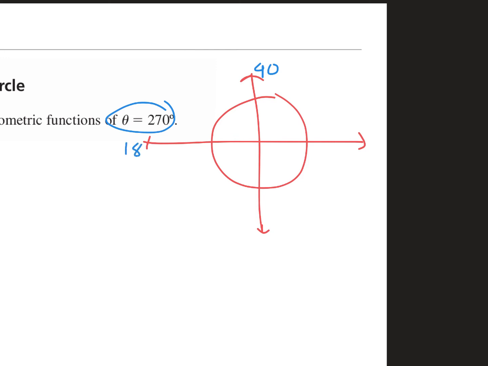So we have 90 degrees, 180, 270, 360. Our theta goes from our initial side to our terminal side, which is at 270 degrees here. So this is our theta. We're looking at this 270 degree angle here.